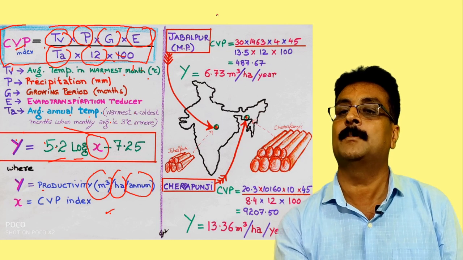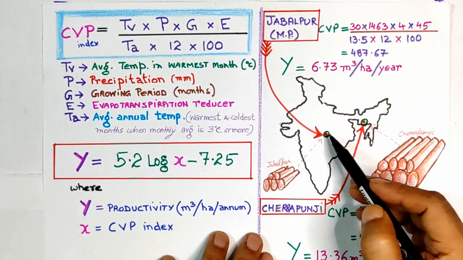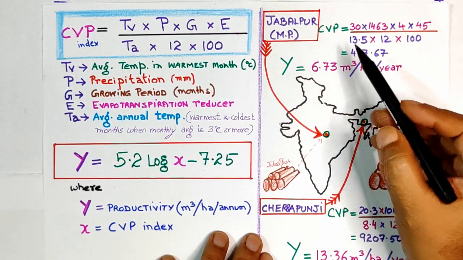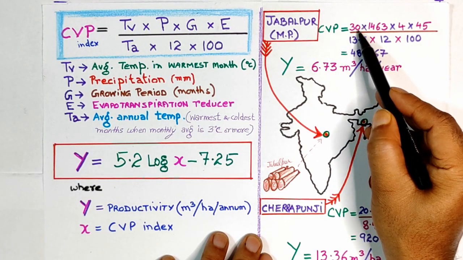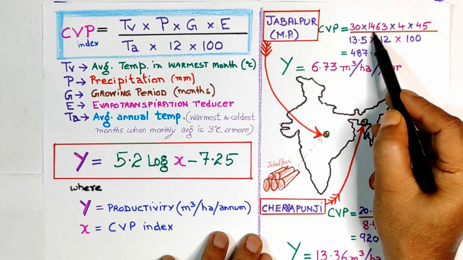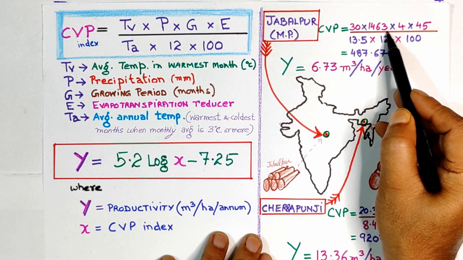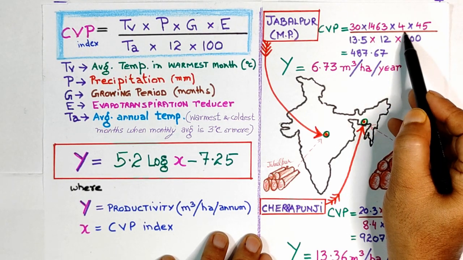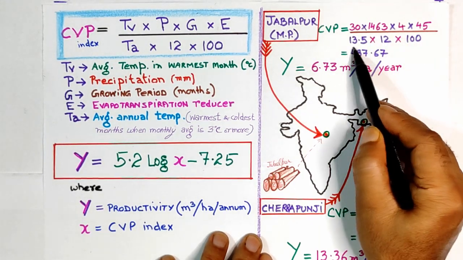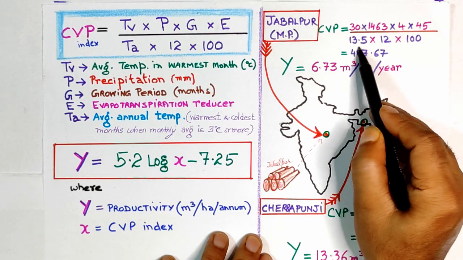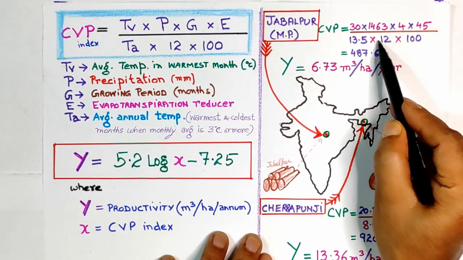Let's take an example of Jabalpur. How do we calculate the CVP here? TV is 30, precipitation is 1463, into growing period of 4 months, into evapotranspiration of 45, divided by TA, the average annual temperature, 13.5, into 12 into 100.